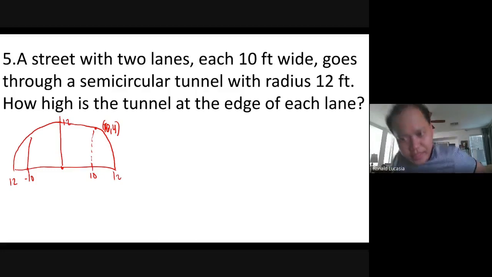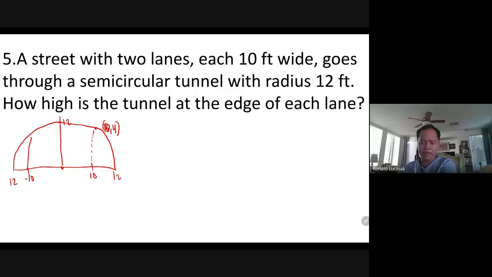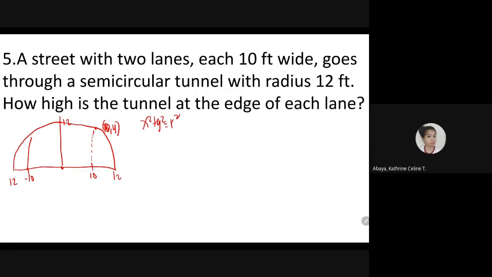Catherine, can you tell me how did you do it? Gagamitin po yung standard equation, yung x squared plus y squared equals r squared. Very good. Tapos isa-substitute po yung radius which is yung 12 feet.